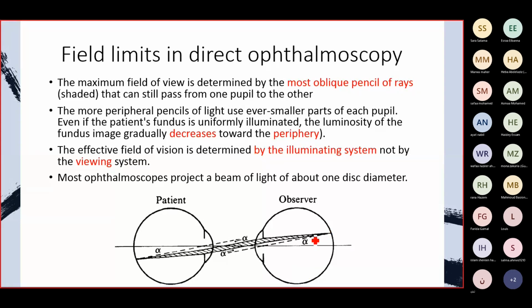So the main problem is with the illumination system and not the viewing system. You can observe that if you use a direct ophthalmoscope on a patient with a dilated pupil, you can still see a bit beyond the area of illumination, because usually the main problem is that the pupil hinders the light from passing to a more peripheral part of the fundus.